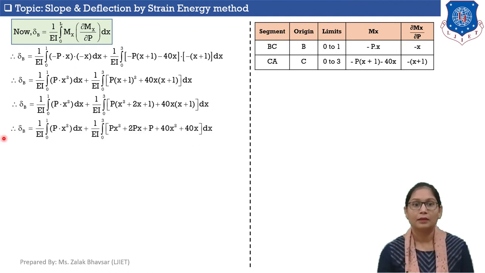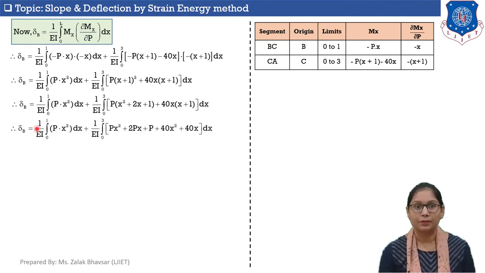Therefore, delta B is equal to 1 upon EI integration of Px square into dx plus 1 upon EI integration of Px square plus 2Px plus P plus 40 into x square plus 40 into x into dx.